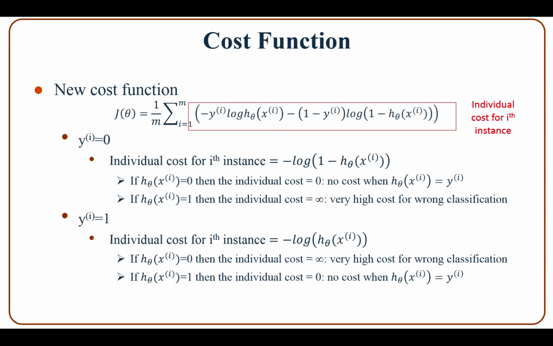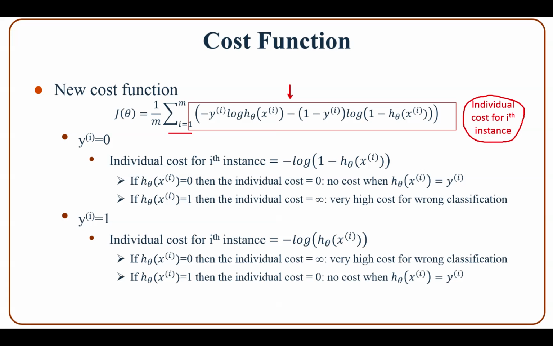Let's define a new cost function, and the new cost function also has 1 divided by m times the sum with i from 1 to m, and inside the sum we have the individual cost for the ith instance.